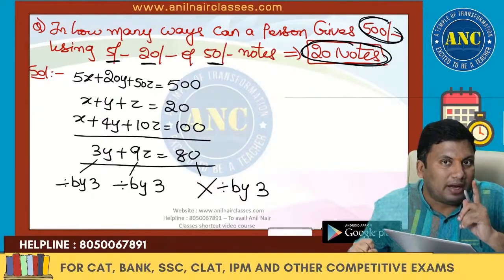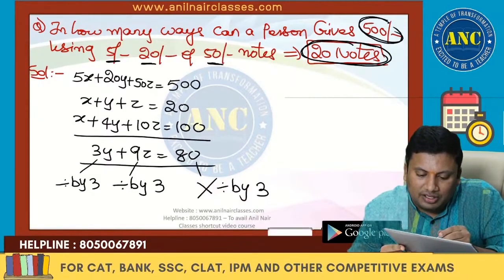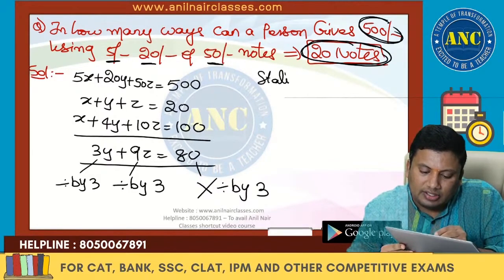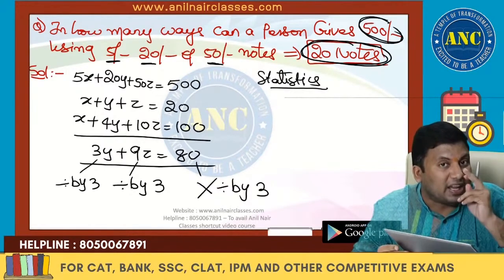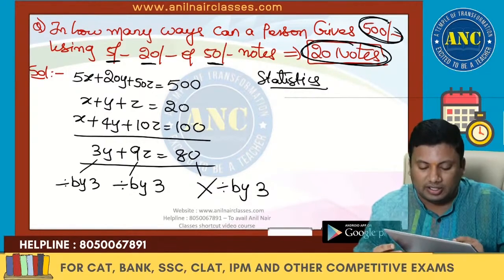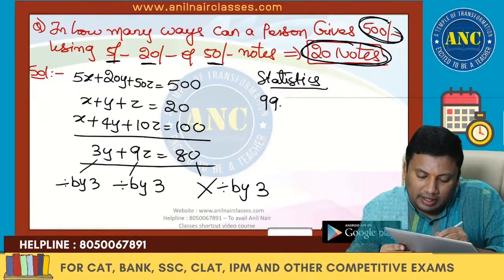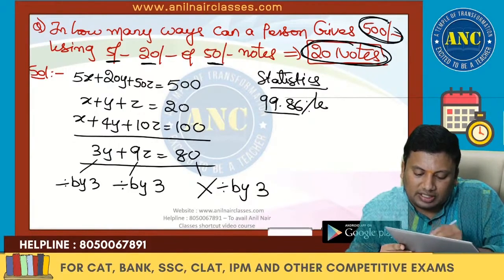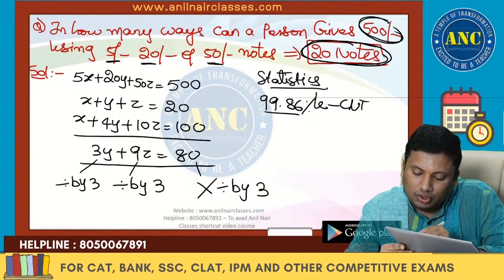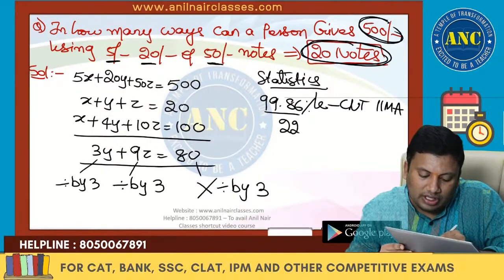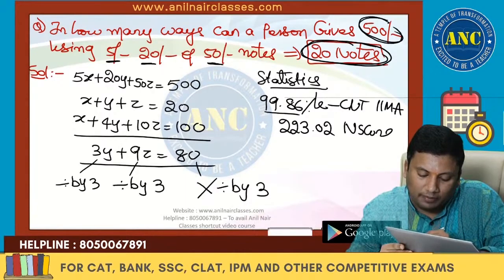Please remember, my dear students, I will tell you a statistic. My younger brother is from IIM Bangalore, which is something I keep telling in all my college seminars. The cutoff to get into IIM Ahmedabad was 99.86 percentile, a normalized score of 223.02.